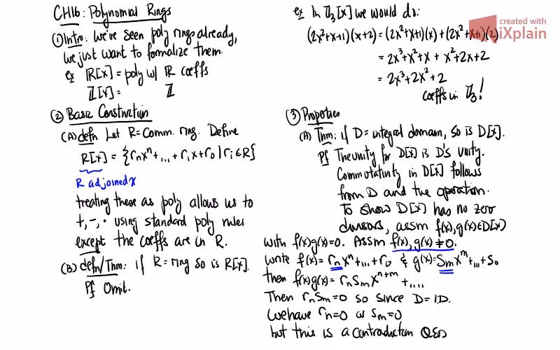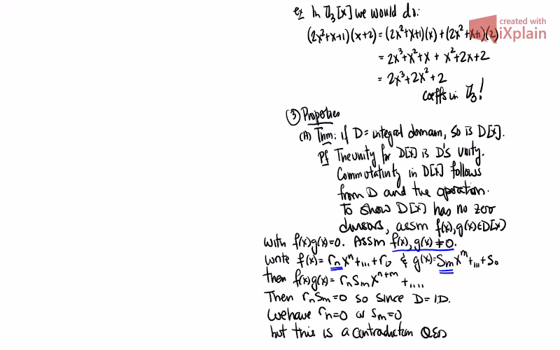Now it's worth noting that built into this proof is the idea that when you're in an integral domain and you multiply polynomials, the degrees add. This doesn't happen if you're not in an integral domain. So let me write that down real quick. We'll note here, in D of x, when we multiply, this is for an integral domain, degrees add.